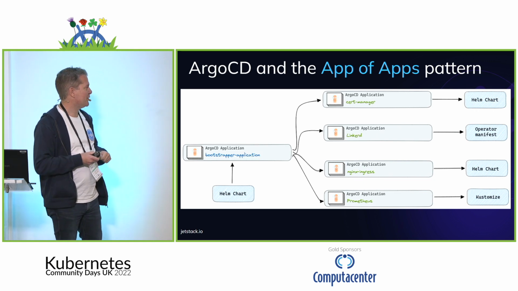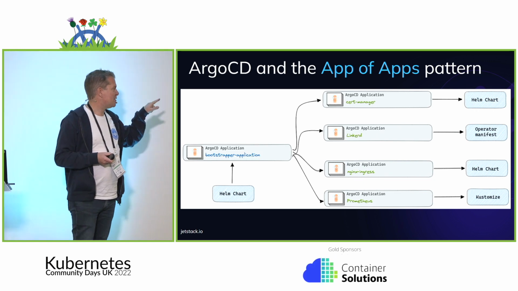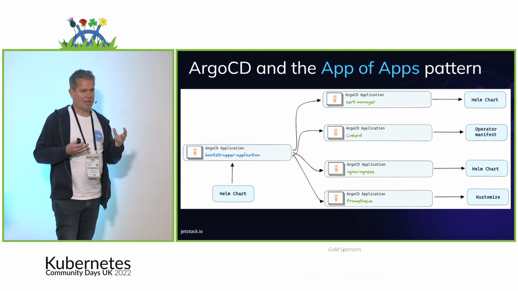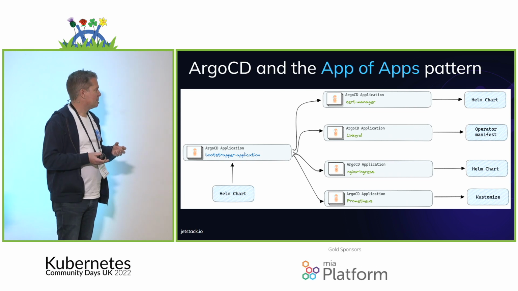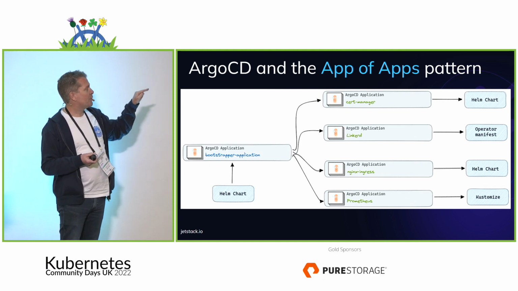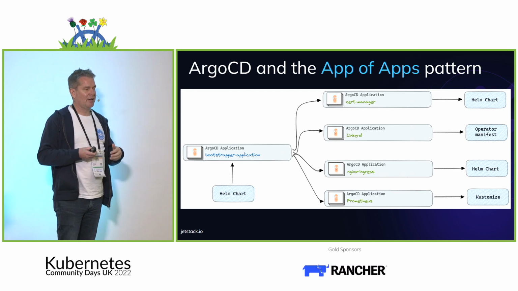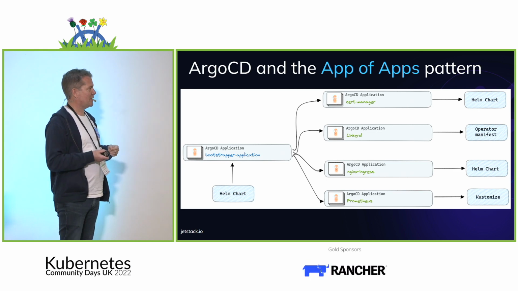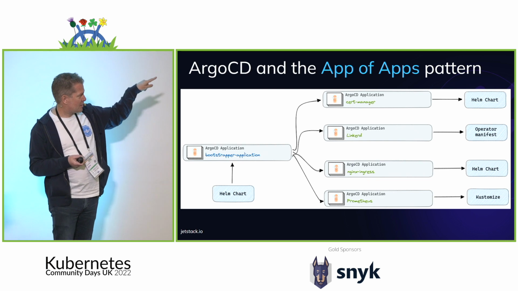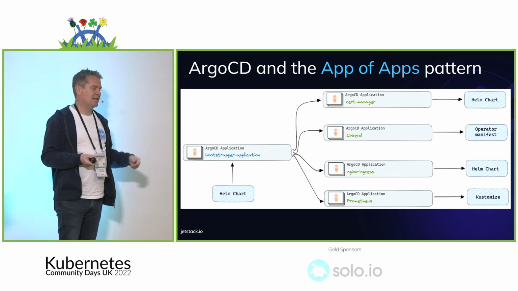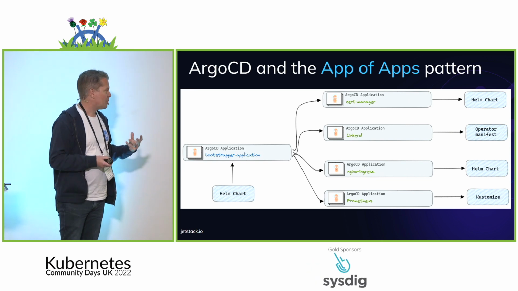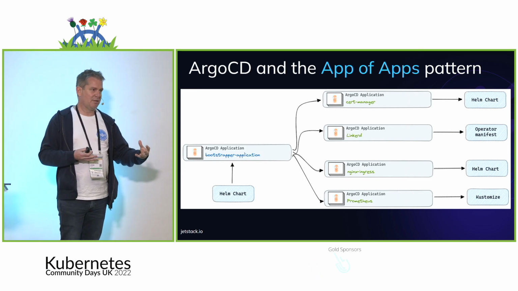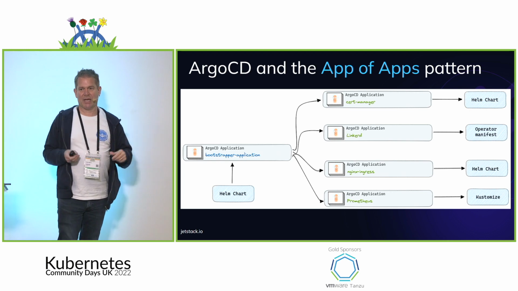So the idea is that you have a bootstrapper application, which is basically an Argo CD application, and it contains a list of other Argo CD application CRDs. So in my case, Cert Manager, Linkerd, Nginx Ingress, and Prometheus, and it's those child applications that actually point to, if you like, the real manifests.